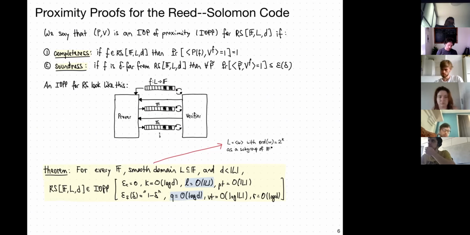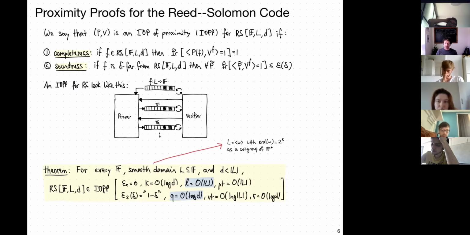And to go over the rest of the parameters, we won't have any error in the completeness, so we just accept with probability 1. The rejection would be, roughly, if you're 1/10 far, then you reject with probability 1 minus 1/10. The number of rounds would be logarithmic. The prover will run in linear time. The verifier will run in logarithmic time.